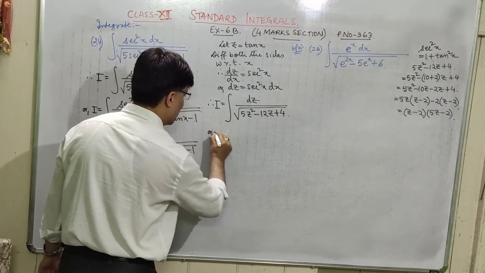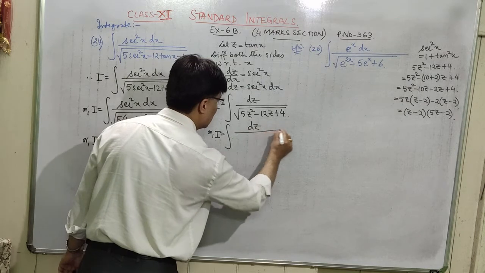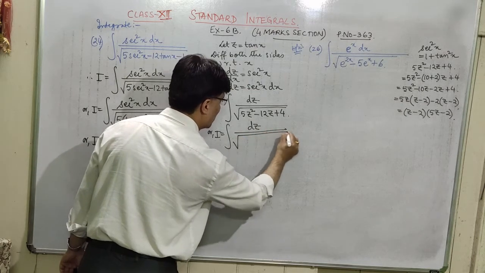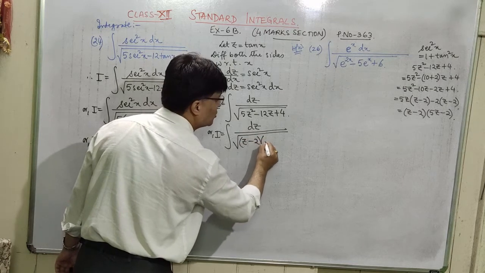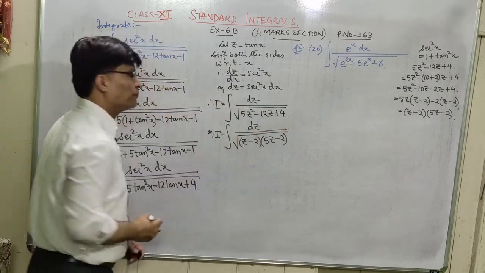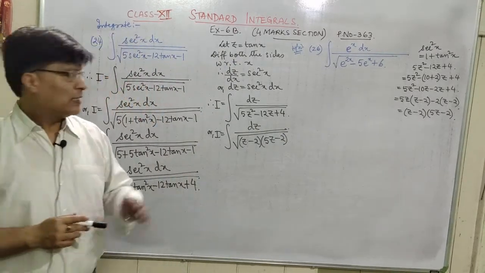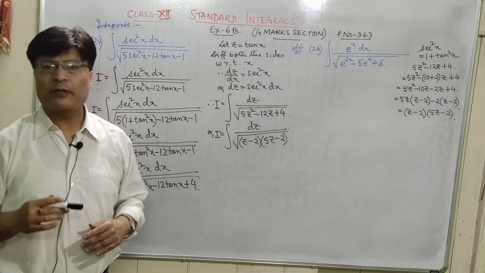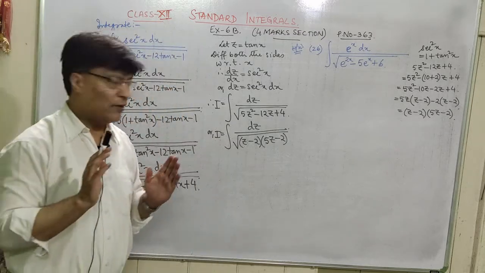So I is equal to integration of dz divided by, within square root, z minus 2 into 5z minus 2. So I hope you have understood it. Both are within square root, so any one of the factors can be assumed as v square.